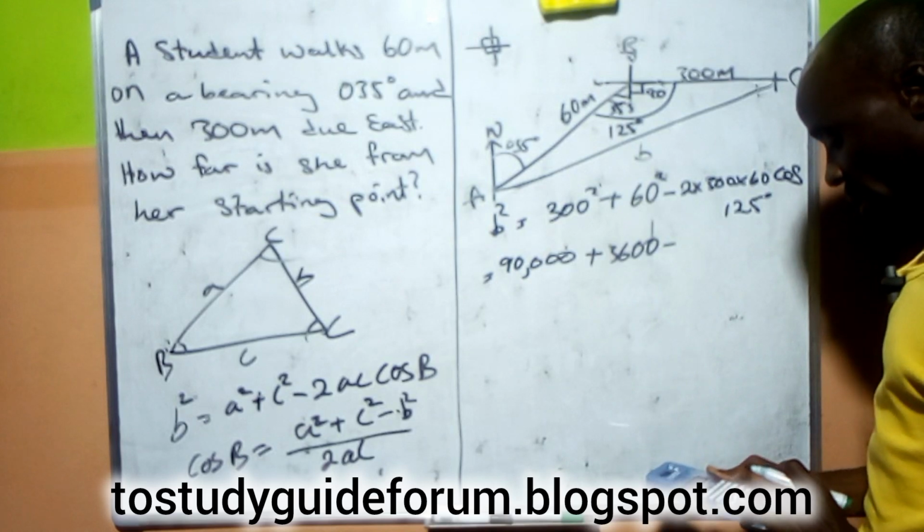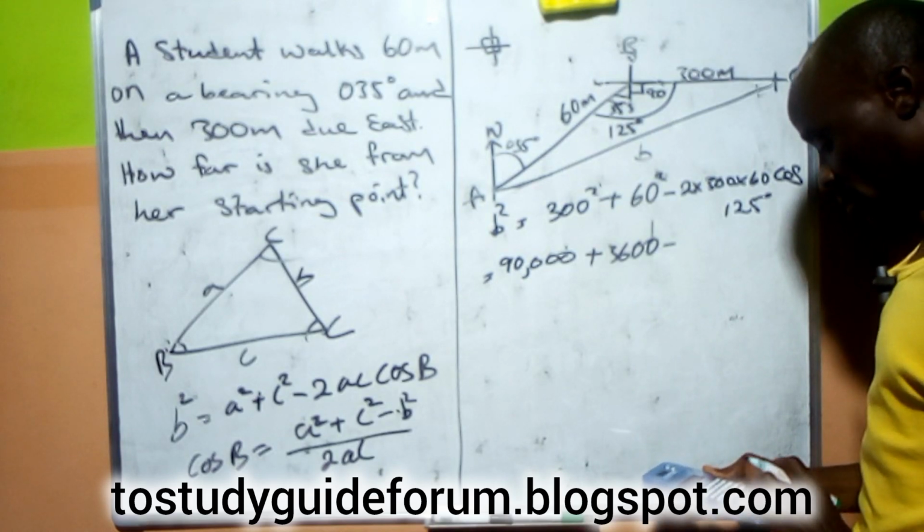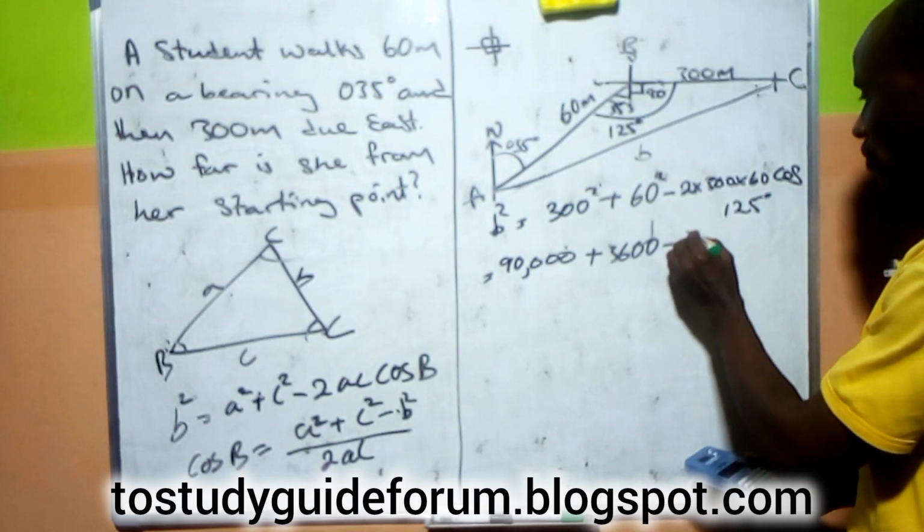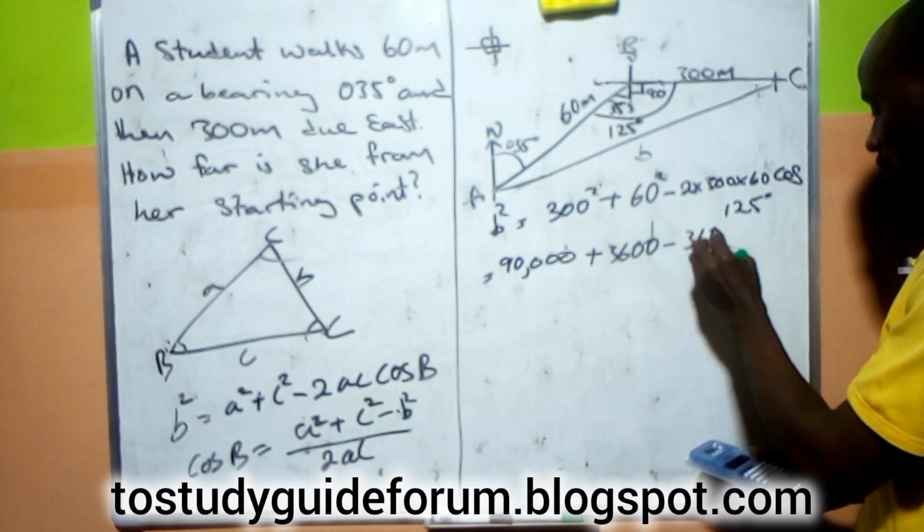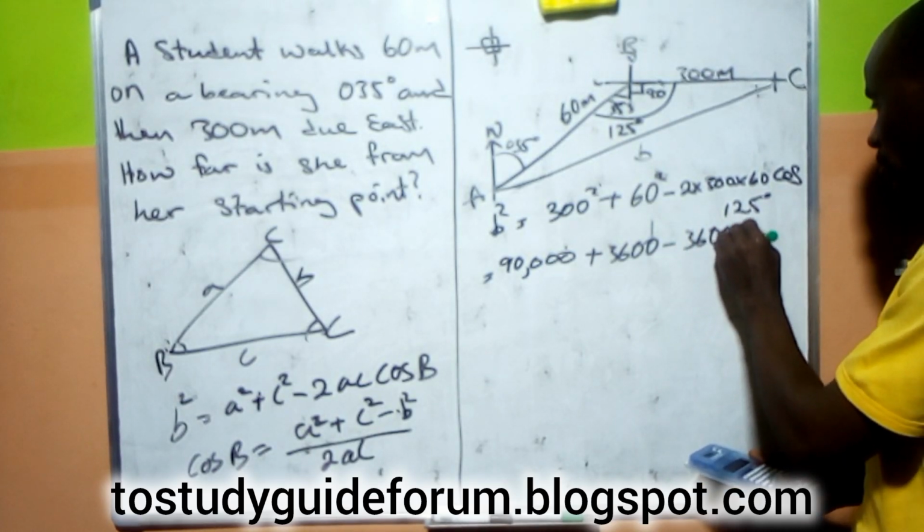When we multiply 300 times 60 times 2, we have 36,000.